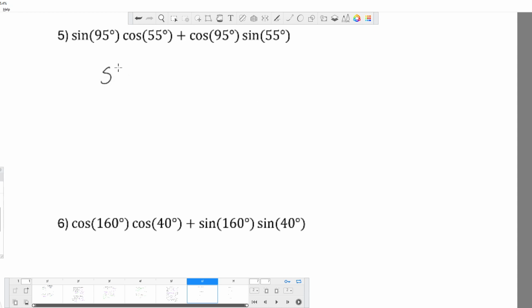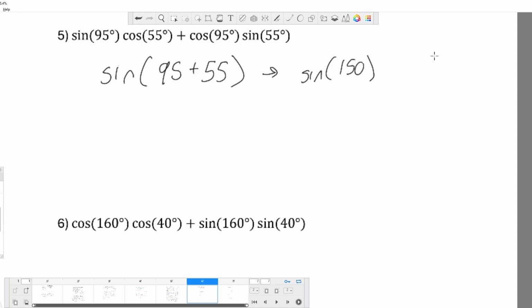So we know this is going to turn into sine of 95 plus 55. And so that'll turn into sine of 150, which is a pretty easy unit circle value. That's the one right here. This is negative square, oh wait, that's the cosine, but negative square root of 3 over 2 and 1/2. So this will just end up being 1/2.